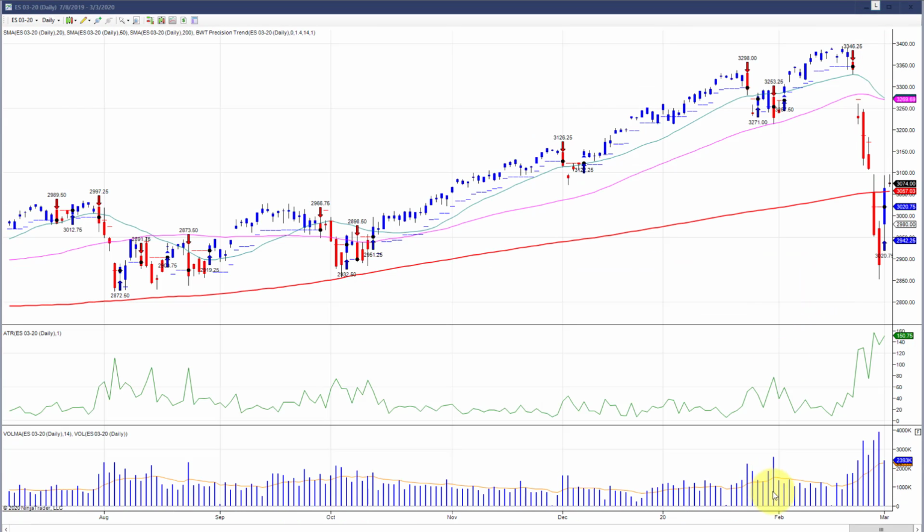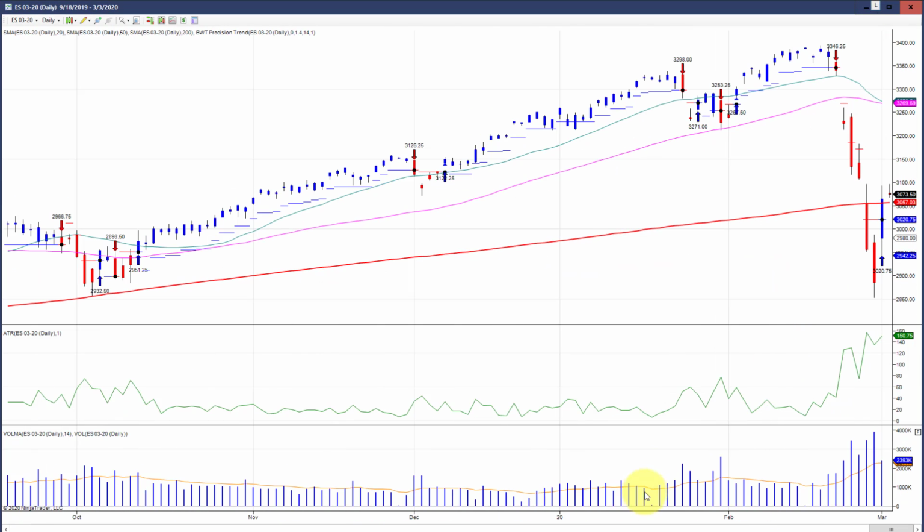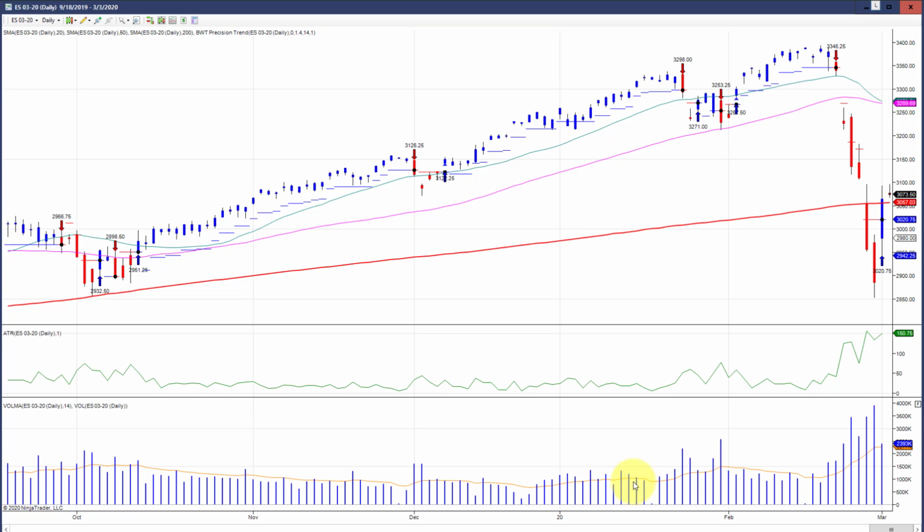Now, by contrast, here's your daily chart of the E-mini S&P. How many of you are aware that the average volume in the E-mini S&P is more like 1 million, or between 1 million and 1.5 million contracts traded daily? Yesterday, the number of contracts traded was, this is 4,000K.